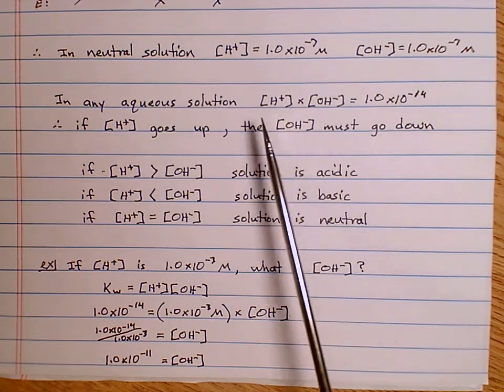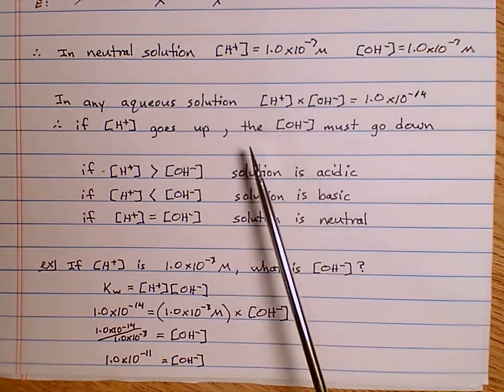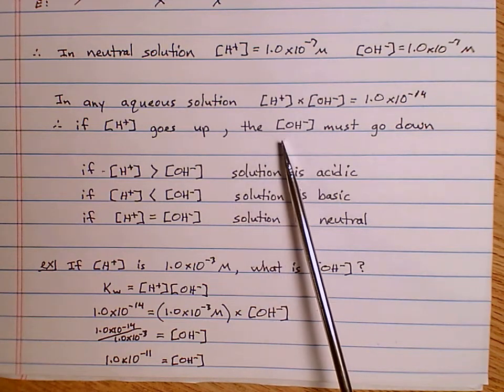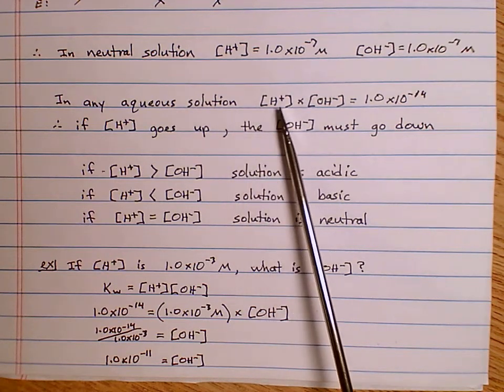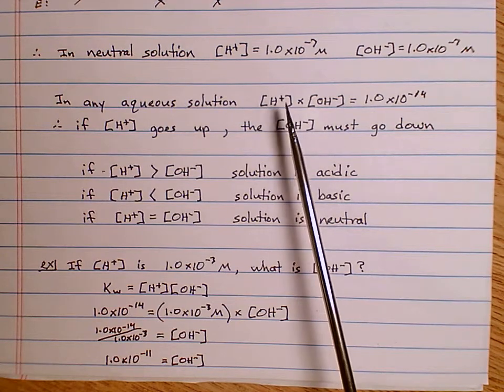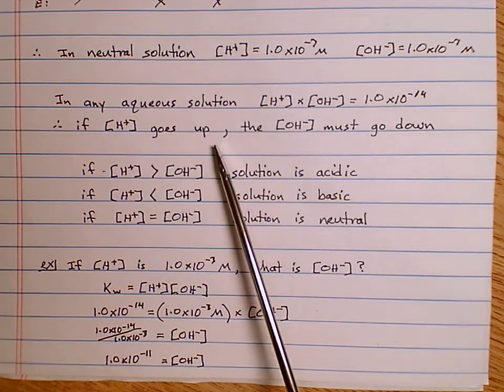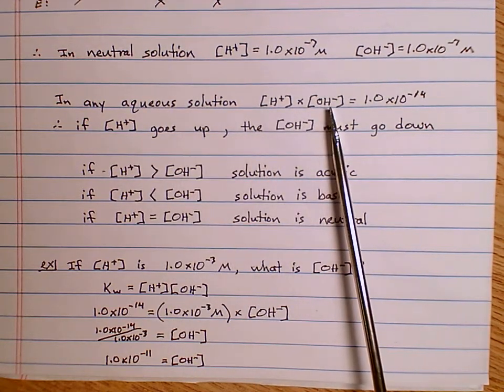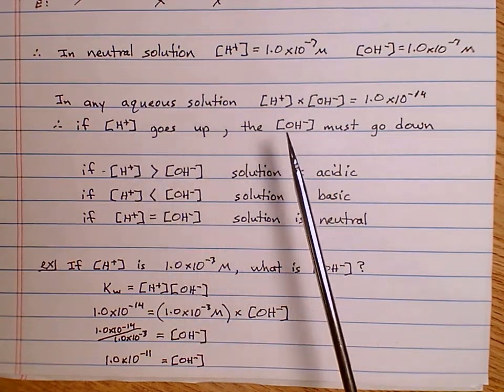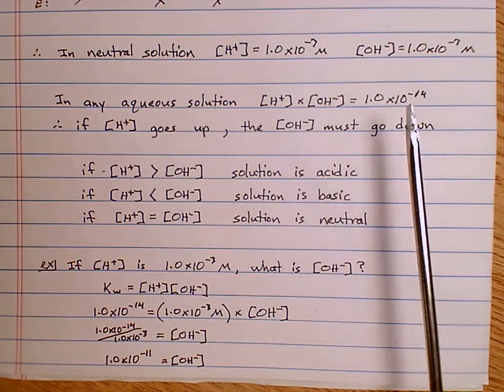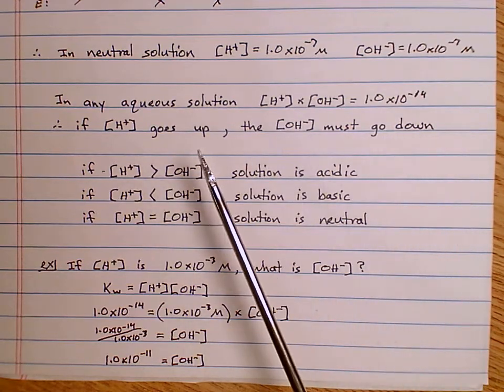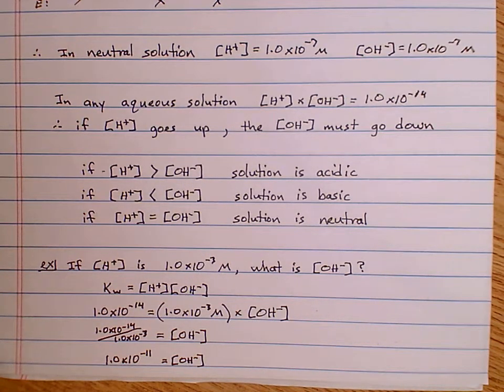What that means then is if you add something into your solution, such as an acid, that makes the concentration of H+ go up. Well, if the concentration of H+ goes up, then the concentration of OH- must go down, because the concentration of H+ times the concentration of OH- must be 1.0 times 10 to the minus 14th, no matter if it's acidic, basic, no matter what.